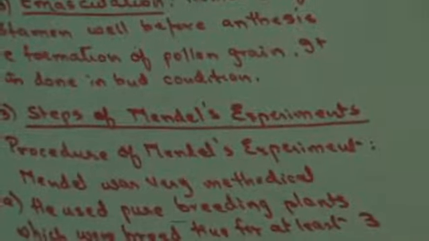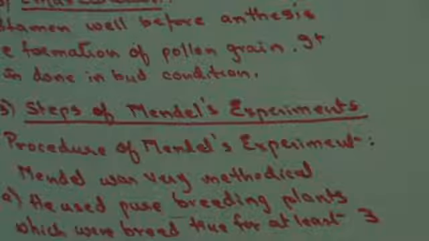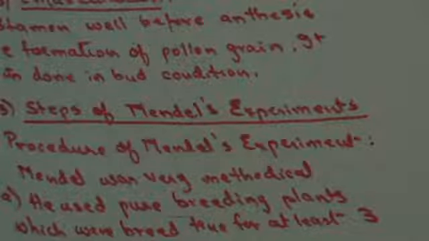That's how he did his studies. Next, in his experiments, he would always keep the generations separate and maintain separate records of the actual number of each type of offspring. So he knew which was the parental generation, which was the F1 generation, F2 generation, and F3 generation.